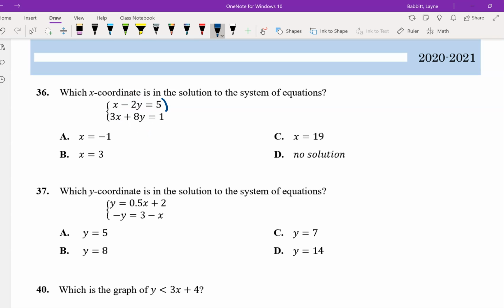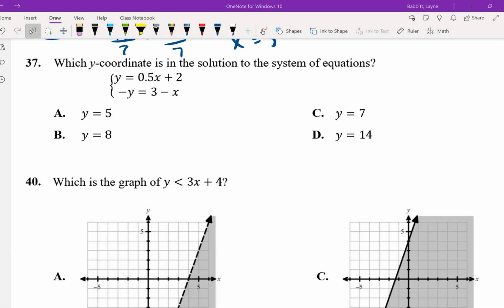To get the y's to eliminate, I want this to be a negative 8, so I'm going to multiply everything by 4. This will be 4x minus 8y equals 20. Then I add straight down and the y's will cancel. I'll end up with 7x equals 21. Then really quick, divide by 7. X equals 3. All right, next one.